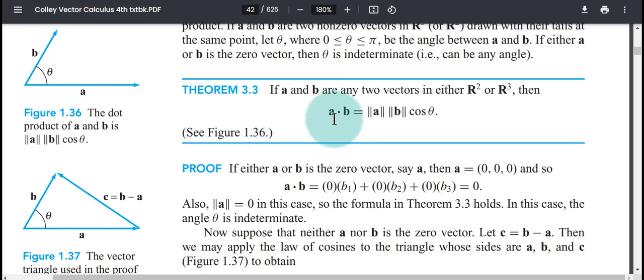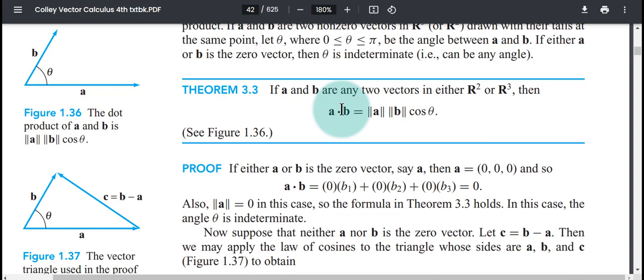Okay, so suppose we have two vectors A and B, and when we do the dot product, and I'm not talking about where we know the magnitudes, we have, for example, the coordinates of A and the coordinates of B, and we do the dot product, and we find that the dot product is 0.